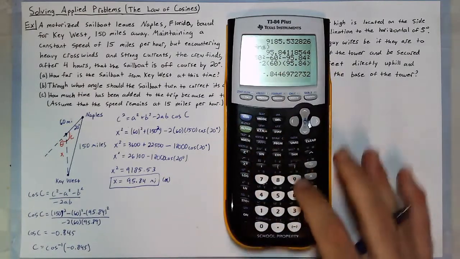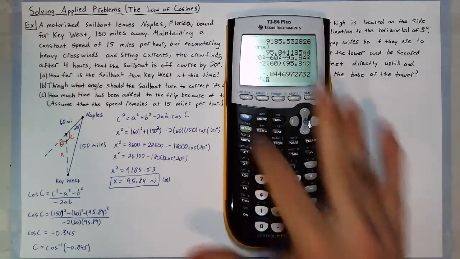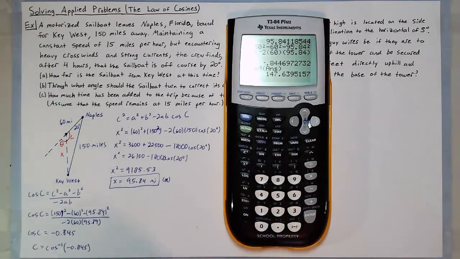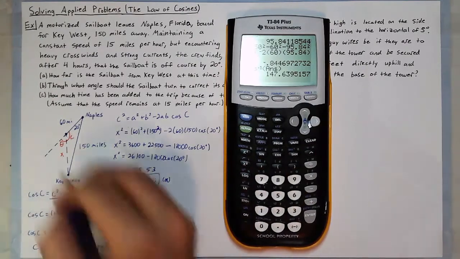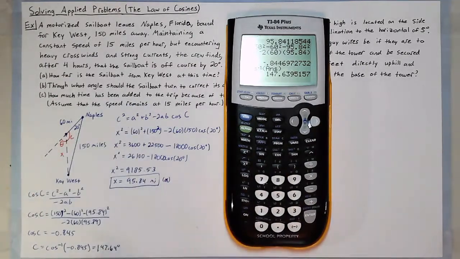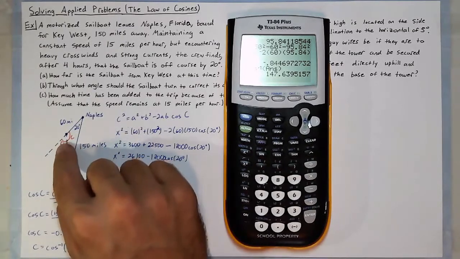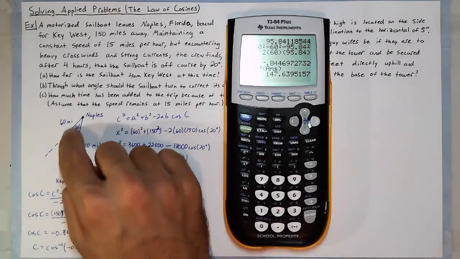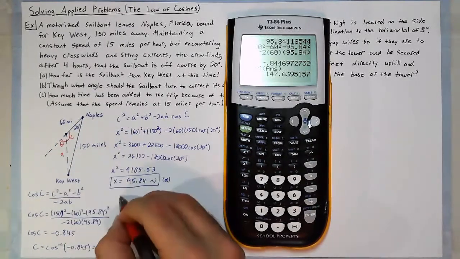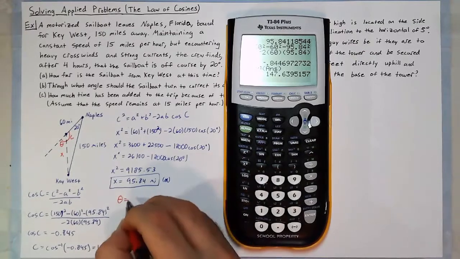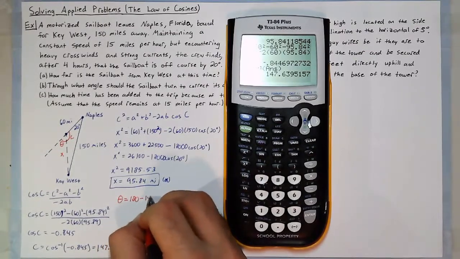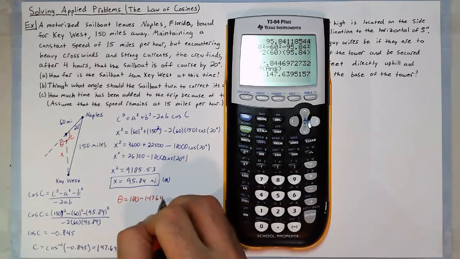So take the cosine inverse of that value, and that gives me the angle of 147.64 degrees for C. But now I'm not looking for C, I'm looking for theta, but the reason why I found C is that it's a linear pair. So theta must equal 180 minus 147.64 degrees.